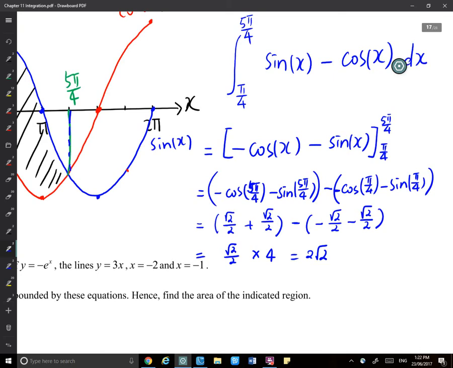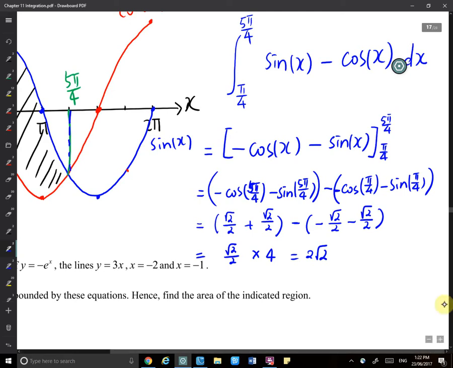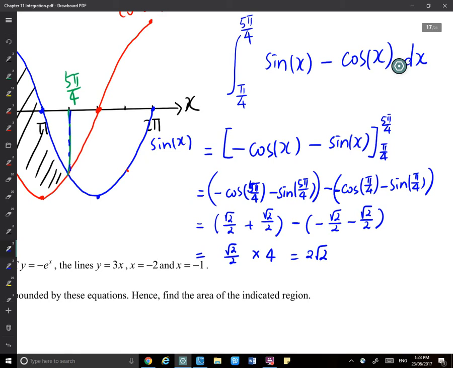Just some calculation. Minus and minus become plus, plus. This one and this one will become a plus sign. So it's 4 root 2 over 2 added together. So it's 2 root 2, the area enclosed by that.